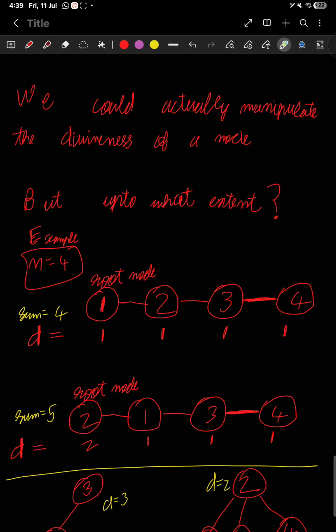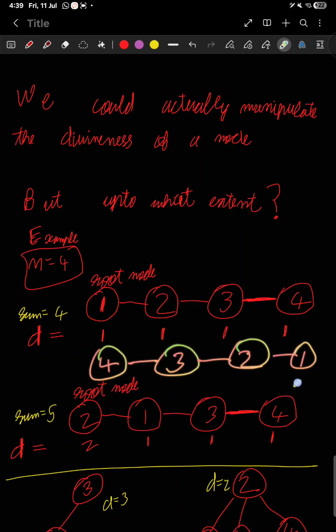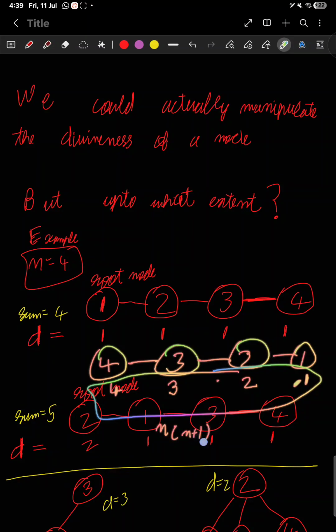I am also telling you the case in which the maximum divineness could be achieved. So this one is the case for the maximum divineness. The divineness of 4 would be 4, of 3 would be 3, of 2 would be 2, and of 1 would be 1. So the maximum divineness would be n into n plus 1 by 2, and the minimum divineness would be the number of nodes, that is equal to n.